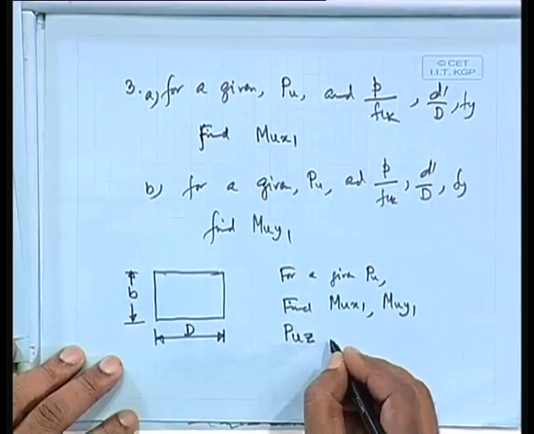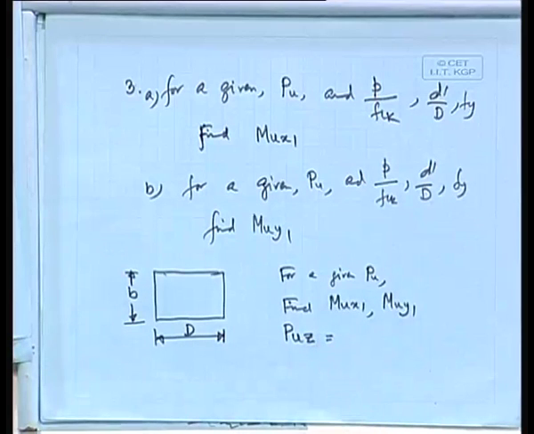What is Puz? Puz is the maximum axial load capacity of the column. The section you have chosen, what is its axial load capacity, that I can also find out. So, when I choose a section and the area of steel or P by fck, on that basis I can find out Mux1 for a given Pu, Muy1, and also Puz, the maximum axial load capacity. All of them I can find out.